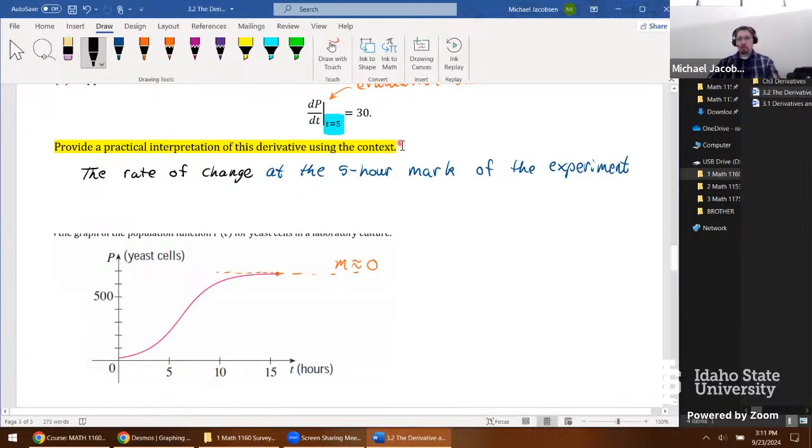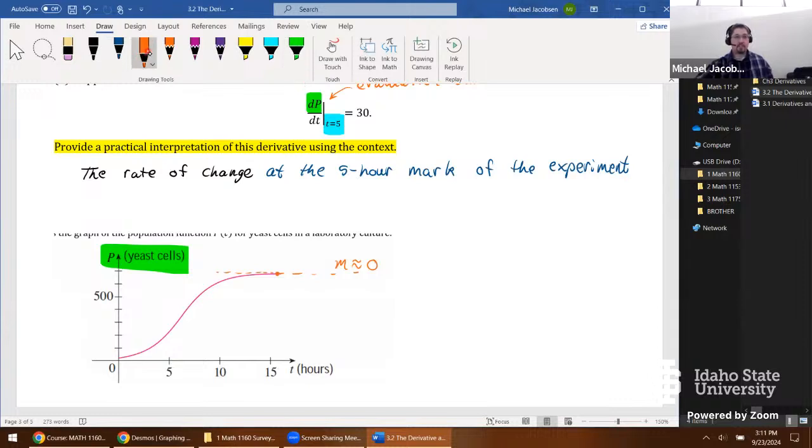so we have to say, because we're doing context, rate of change of what? Well, we can come up here. P is referring to yeast cells.